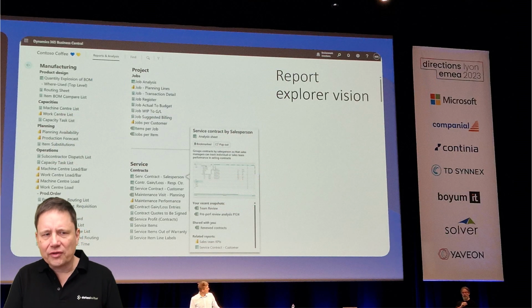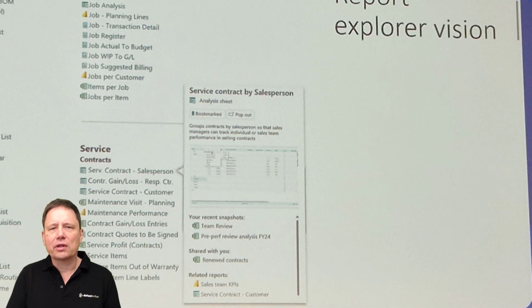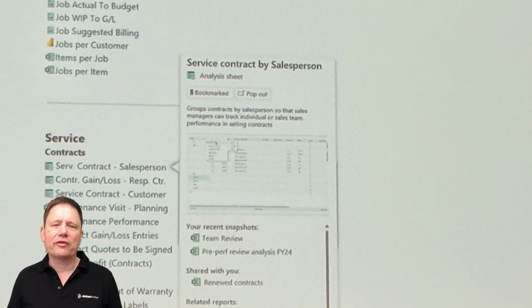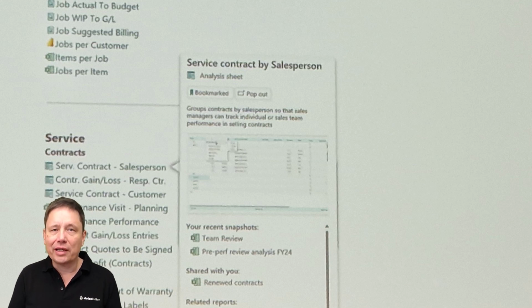When we talk about this, Microsoft is working on Report Explorer vision. So they got the idea that a couple of customers were complaining that Dynamics BC doesn't have any reporting capabilities. That wasn't true, but they didn't find it. And this is what they would like to change right now.